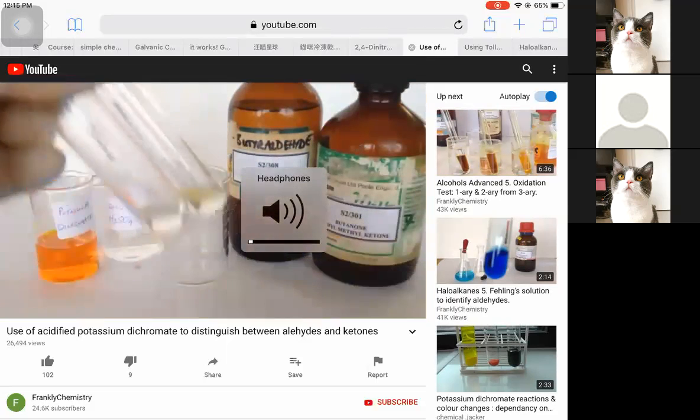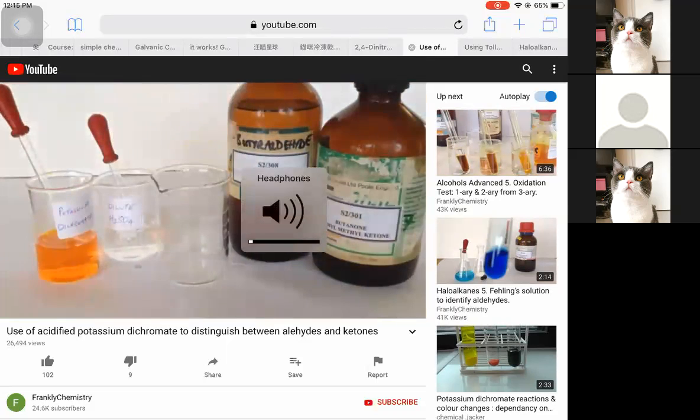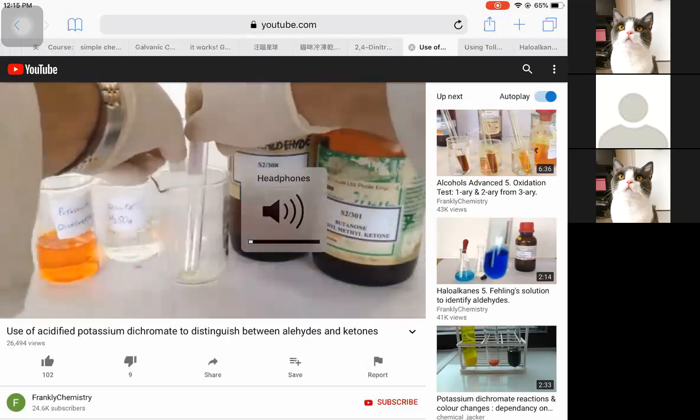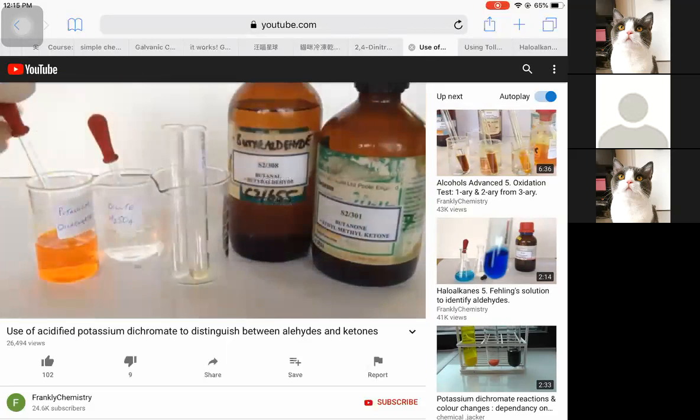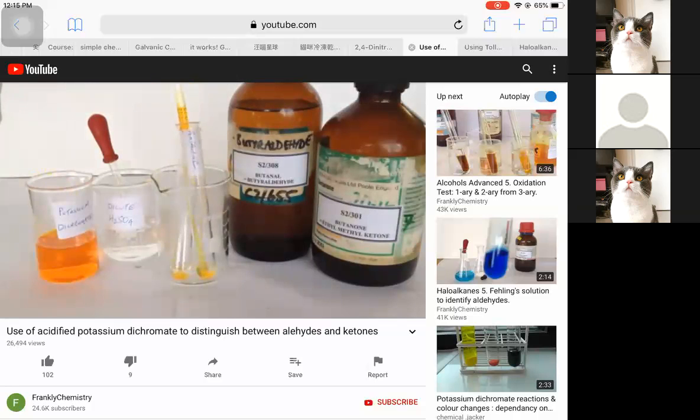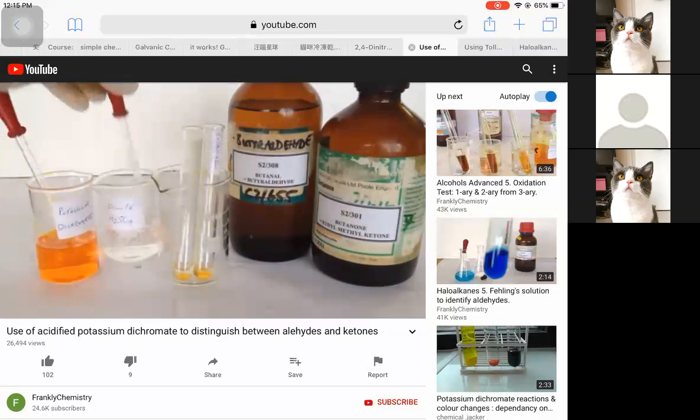Okay. And then after adding the butanal and butanone, he's going to add the potassium dichromate. And make sure it needs to be acidified. So here we use sulfuric acid to acidify the solution.